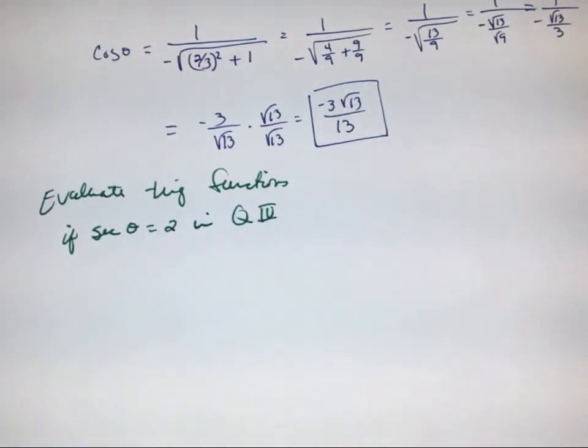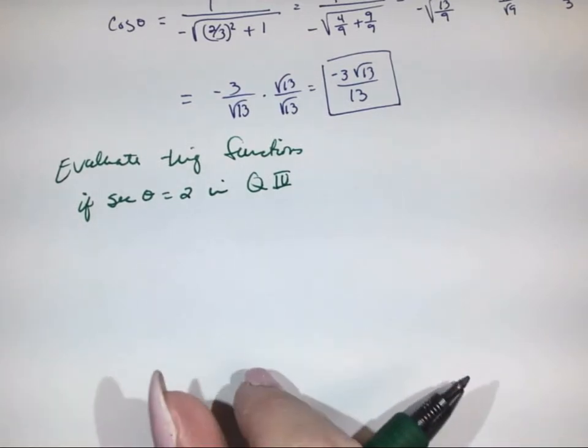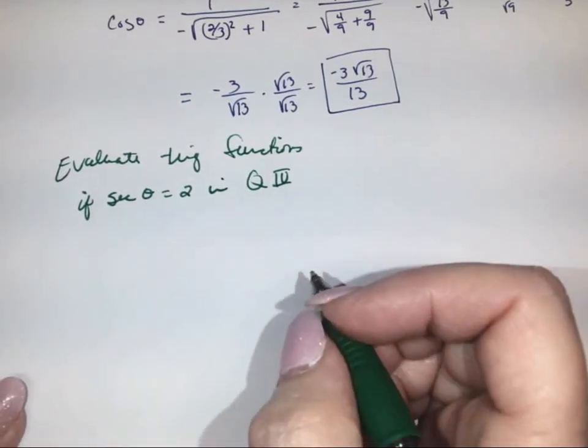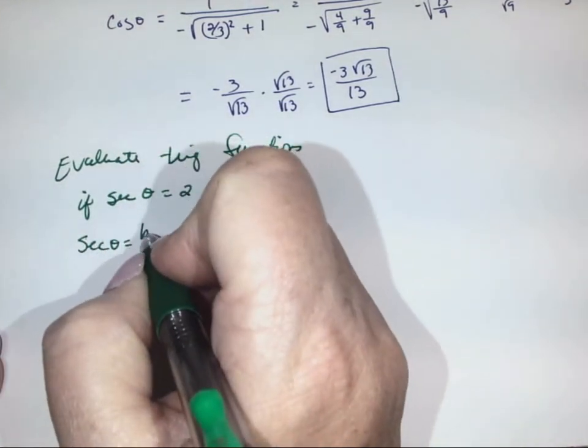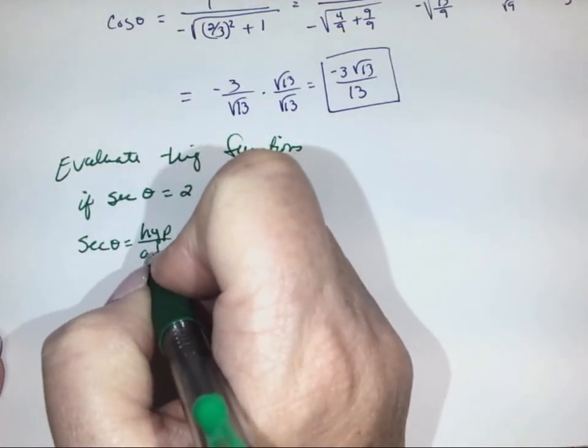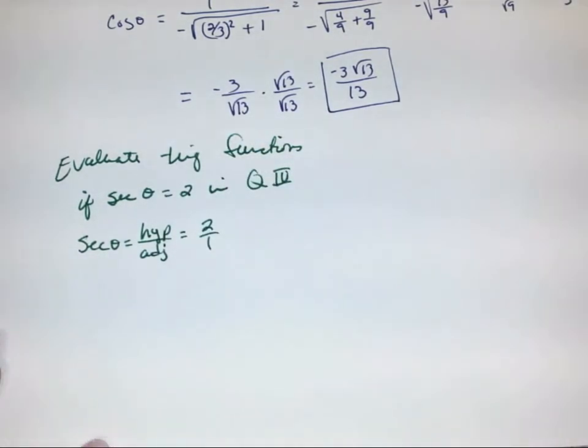We want to find the other 5 trig functions. So from 1, we want to find the rest. So understand that our secant theta is equal to the hypotenuse over the adjacent. So that means it's going to be 2 over 1.